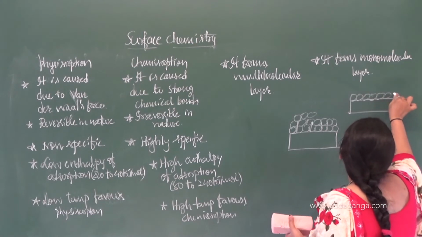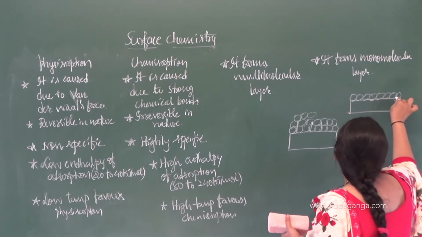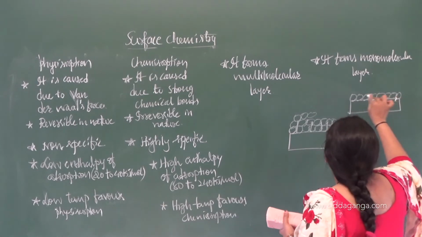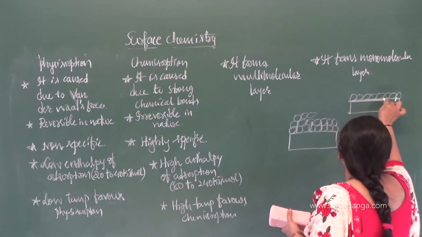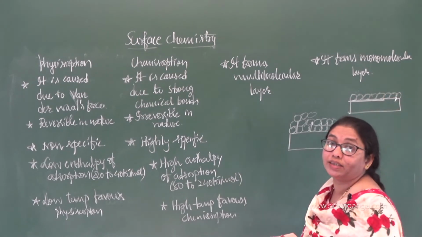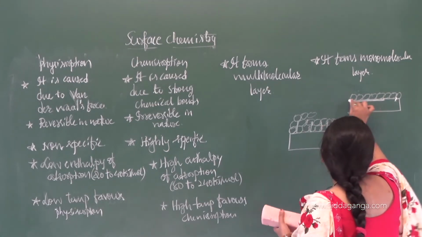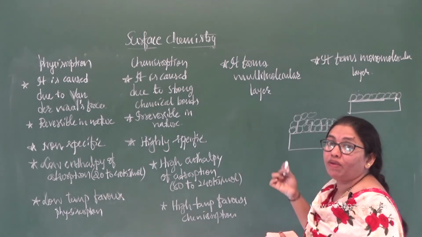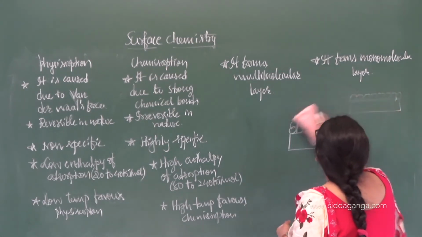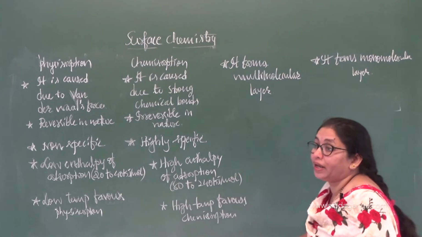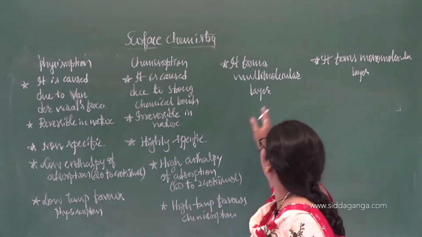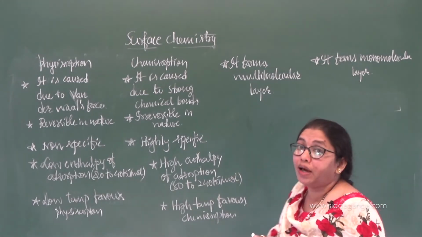Because they are held by means of strong chemical bonds. The strong chemical bonds exist only between this layer and the adsorbent, not here. They cannot penetrate. They are not having any effect on the next one. They are highly specific in nature. Once they have adsorbed, they will not adsorb any other gases further. So that is the meaning of monomolecular layer, or you can say mono layer, multimolecular and monomolecular layer.